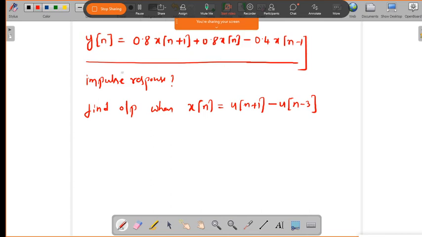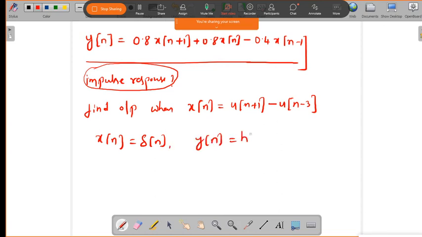Okay. So, in order to find the impulse response, we need to give the input as an impulse. If you put x of n equal to del of n, then the system will give the impulse response, that is, y of n will be nothing but your impulse response.